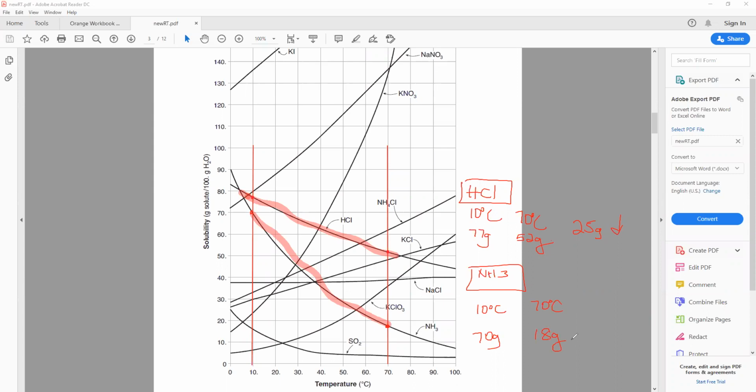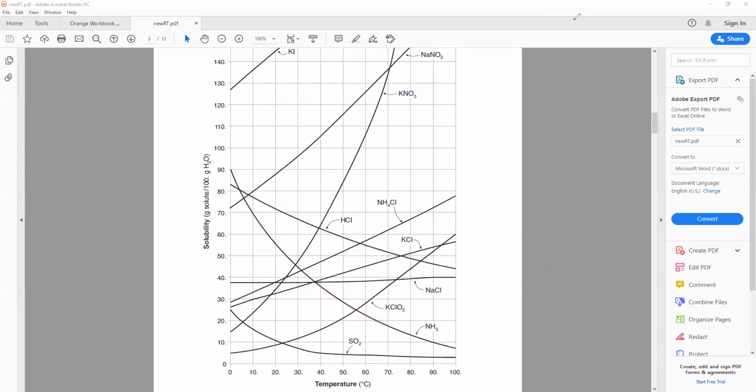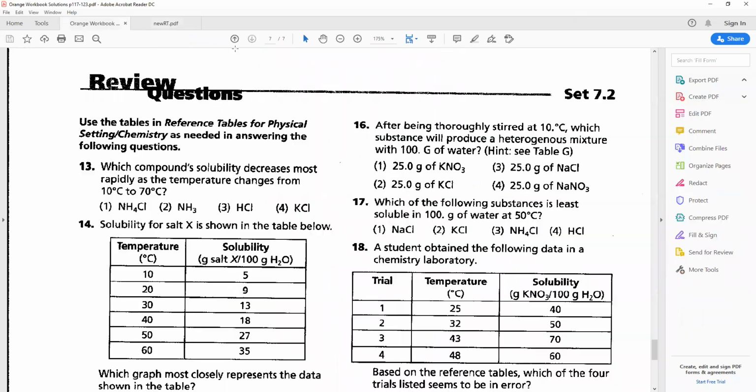So 70 minus 18, we get a 52 gram decrease. Therefore, NH3 is the answer. When we go back over here, I'm going to write that the greatest decrease happens at NH3. Will HCl decrease? Yes, but it doesn't decrease most rapidly.